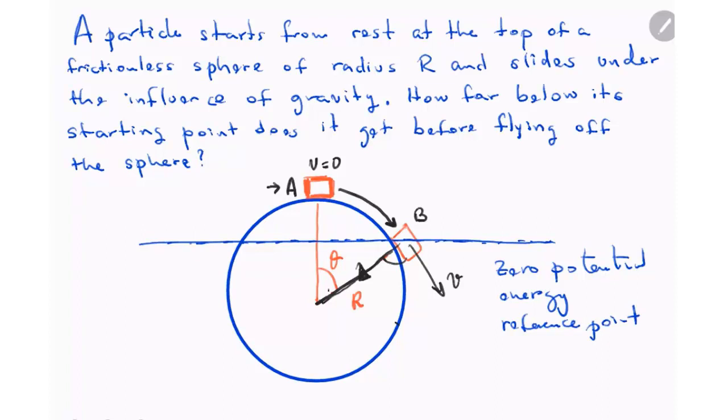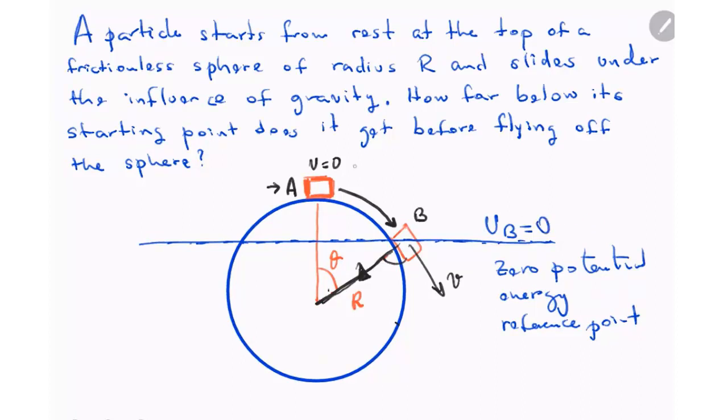That means that the potential energy at this point B is equal to 0, and that is our reference point. So H is equal to 0 at that point, or the potential energy is 0. Whatever is fine. The potential energy at that point is 0. Okay?